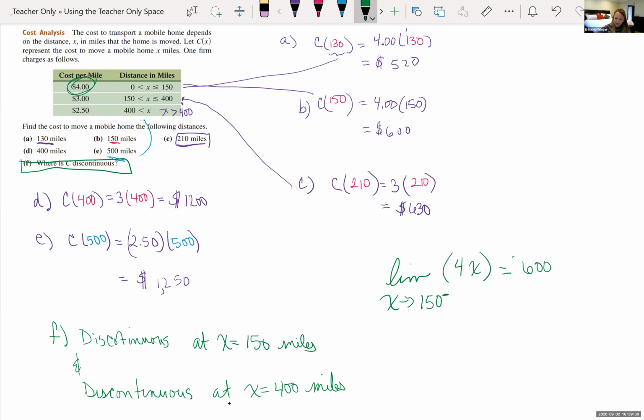But if we look at the limit as x is approaching 150 on the right, that means they drove more than 150 miles, which means they're getting charged $3 a mile. We're going to do 3 times x. Well, 3 times 150 is 450. So the limit doesn't exist, therefore it's discontinuous.